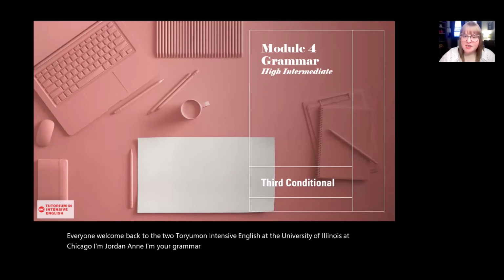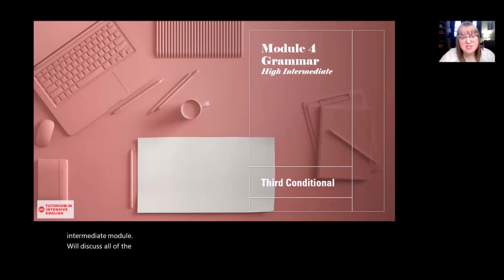As I said in my previous videos, the High Intermediate module will discuss all of the conditionals. Our last conditional that we are discussing is the third conditional. Now, this is one of the harder conditionals to learn.